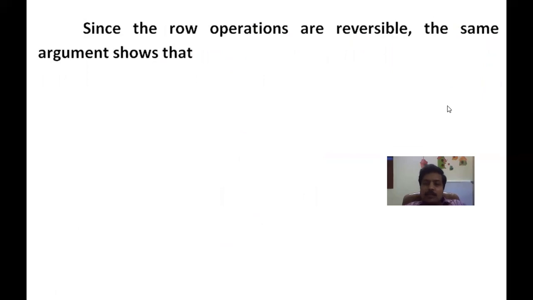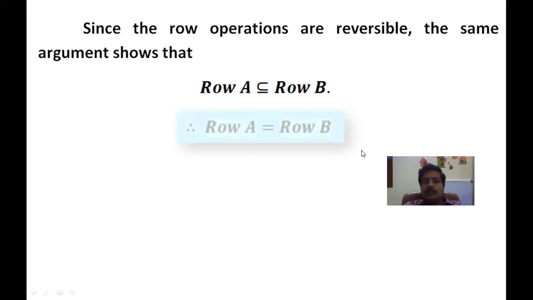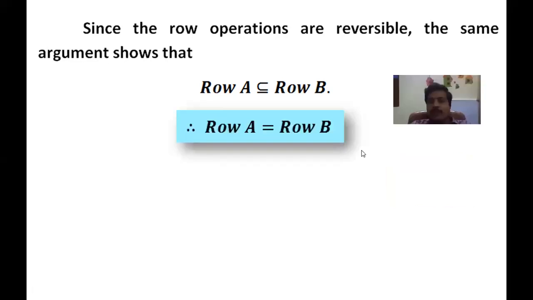When R1 goes to R1 minus R2, I can convert it into the original form by performing R1 plus R2 again. I will get the original row. So all these operations are reversible. The same argument will show that the row space of A is contained in the row space of B also. From these two, we can say that the row space of A is equal to the row space of B.